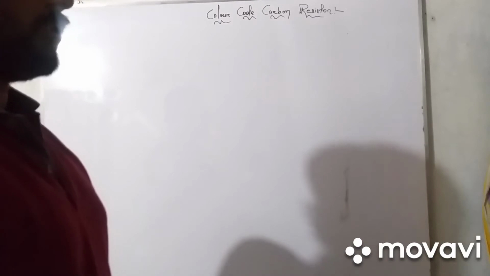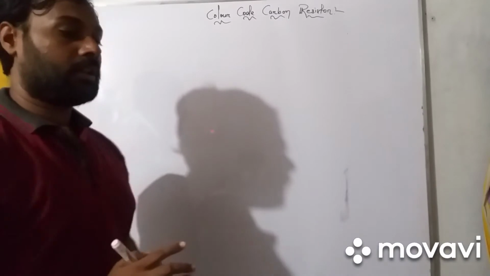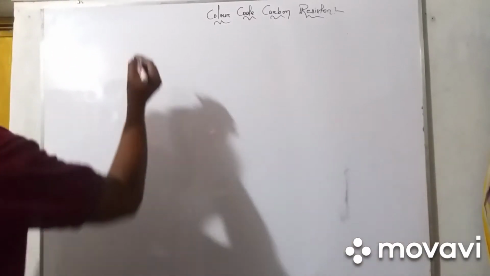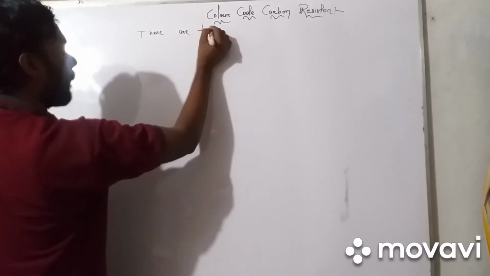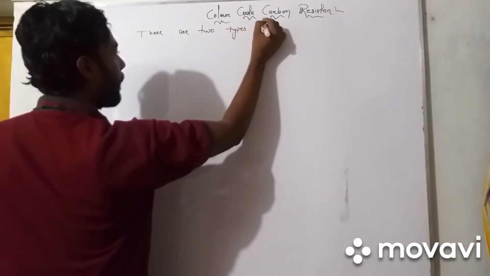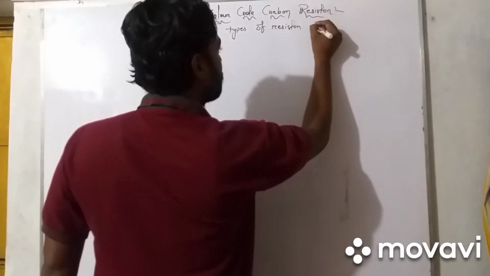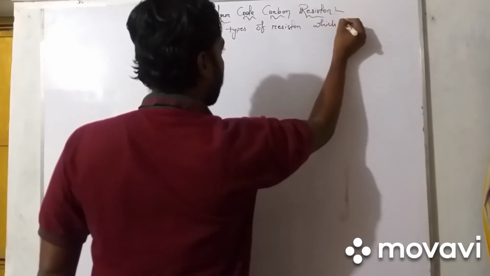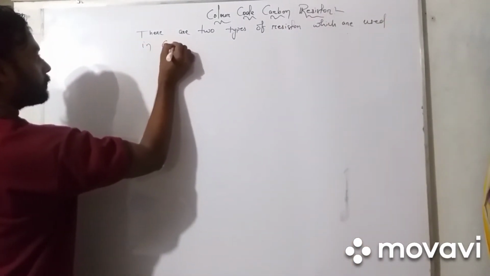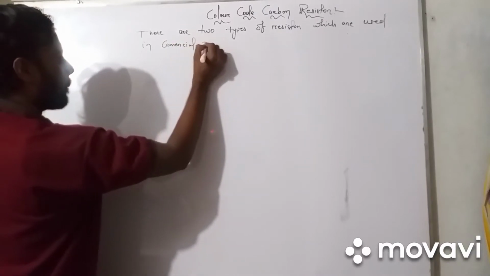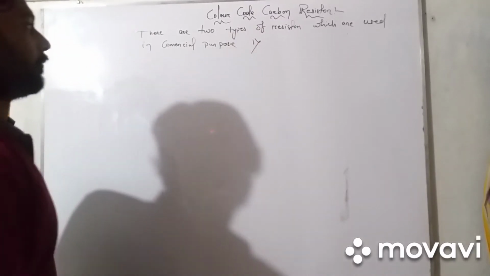Okay, so first of all we represent resistors. There are two types of resistor which are used for commercial purposes. The first one is alloy.